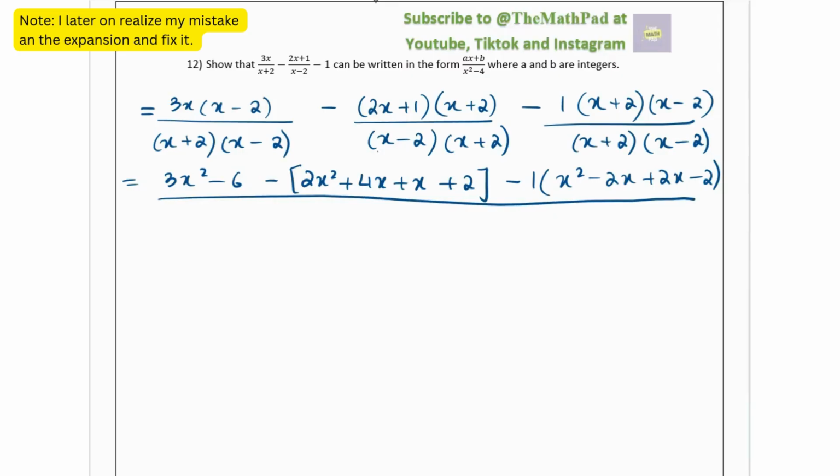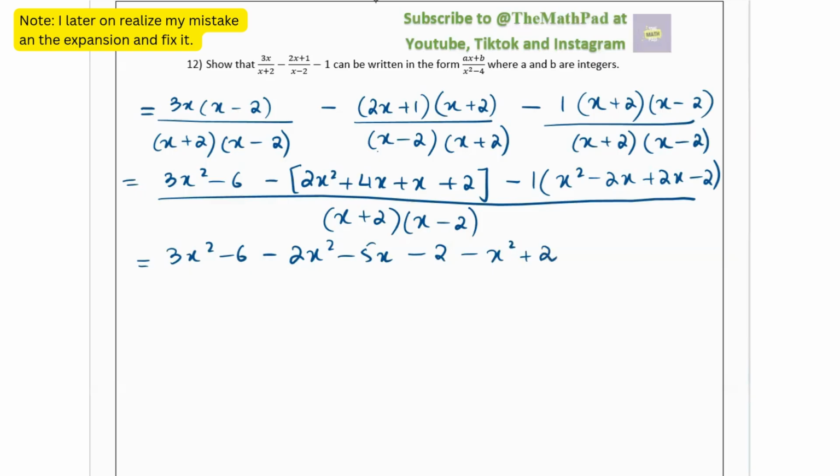And this can be rewritten as a single fraction with the denominator x plus 2 times x minus 2. So 3x squared minus 6 minus 2x squared minus 5x, because 4x plus x is 5x, and it becomes minus 2 minus x squared, and it's going to be plus 2.